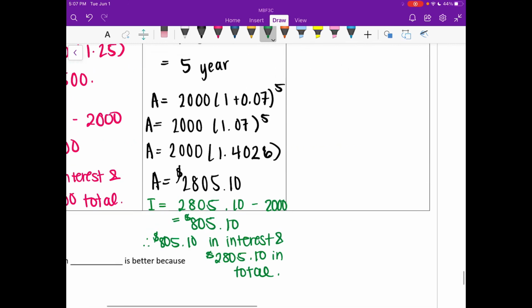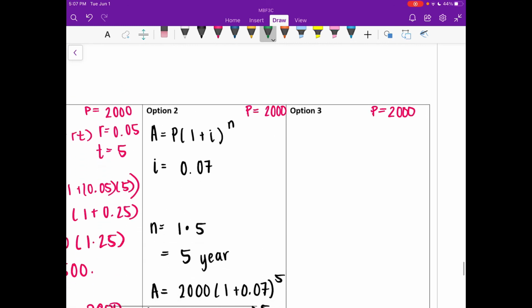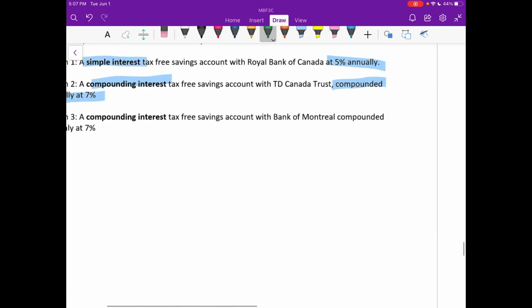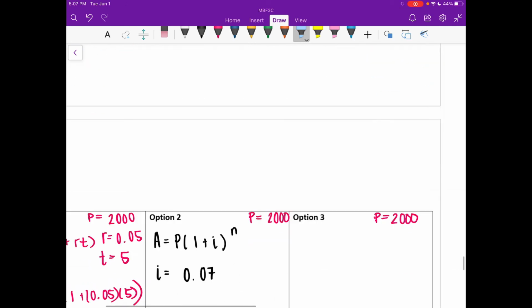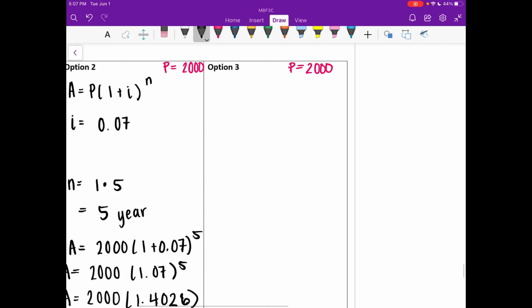Right? And then the last one here is option 3, which is saying, okay, I have a principal of $2,000, right? This tax-free savings account is with BMO, and they're saying they're going to compound me monthly at 7%, right? So I still have compounding interest. That's my first cue, so I should write down this formula.